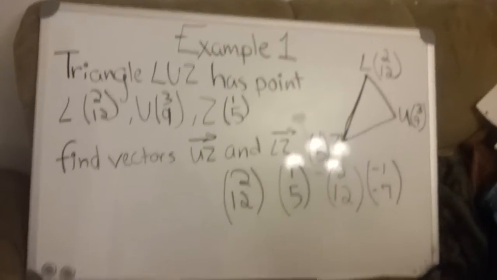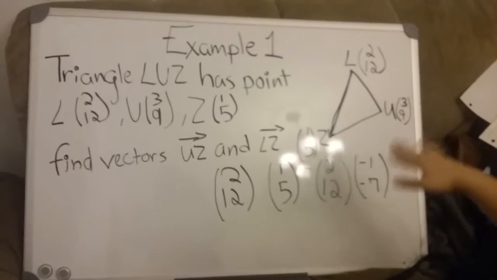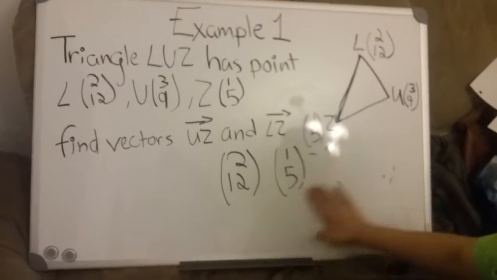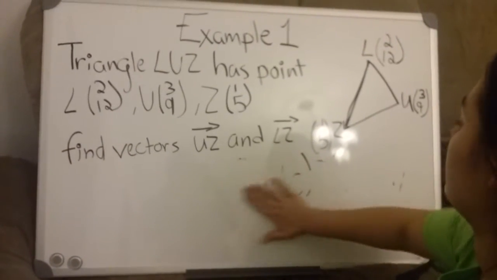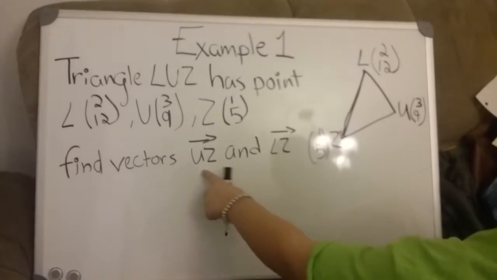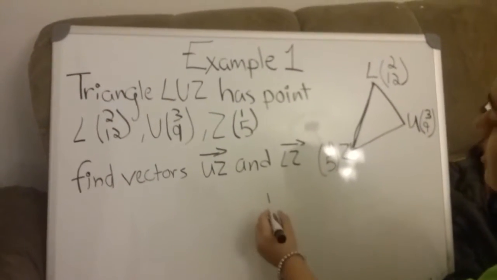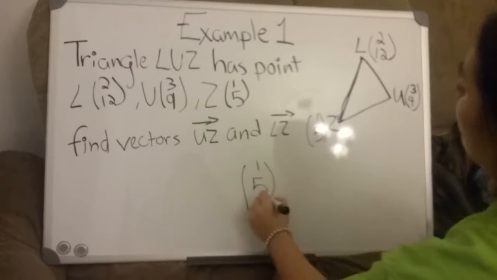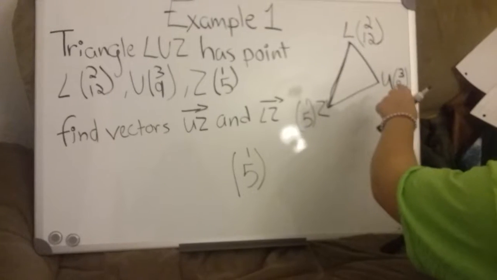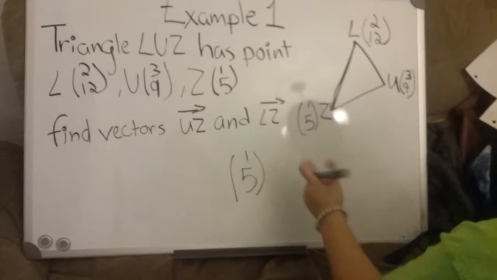So that's vector LZ. Now to find vector UZ, we're going to do the exact same thing, but this time we're going to use the points for U and Z. It starts at U and ends at Z, so we grab the points for Z, which is (1, 5), and the points of U, which is (3, 9), in component form.